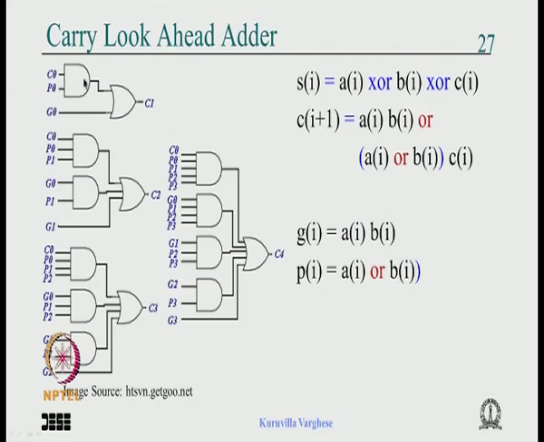So this is basically the C1. The equation is S I is A I XOR B I XOR C I, no issue with it. For each stage the sum is the same, but the main issue is with the carry, which, when it is modular and cascaded, ripples through.